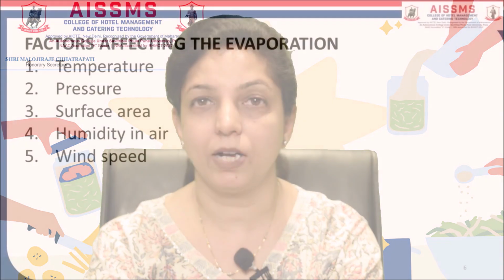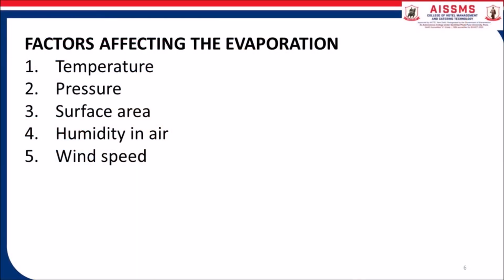Listed below are some factors which include the temperature, the pressure, the surface area, that is the exposed area, the humidity in the air, and the speed of the wind. These are the factors that affect the rate of evaporation.